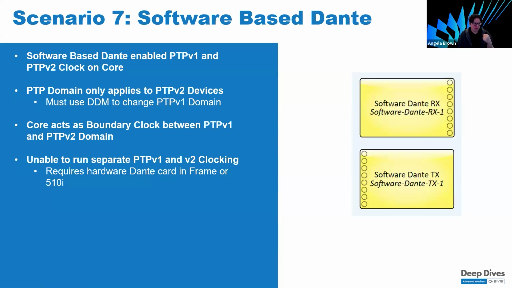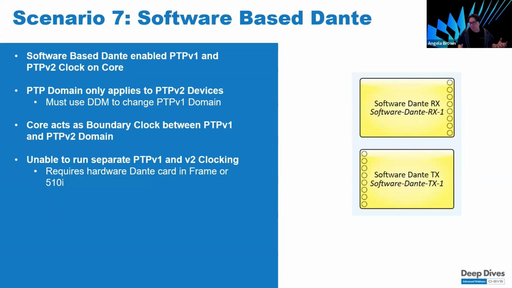Which brings up one of the last big concepts we're going to talk about, which is enabling and using software-based Dante on a Q-SYS core. Up till now, we've talked about our cores as devices that talk exclusively to PTPv2. Well, we have a way to allow our cores to talk to PTPv1, and that is our software-based Dante.